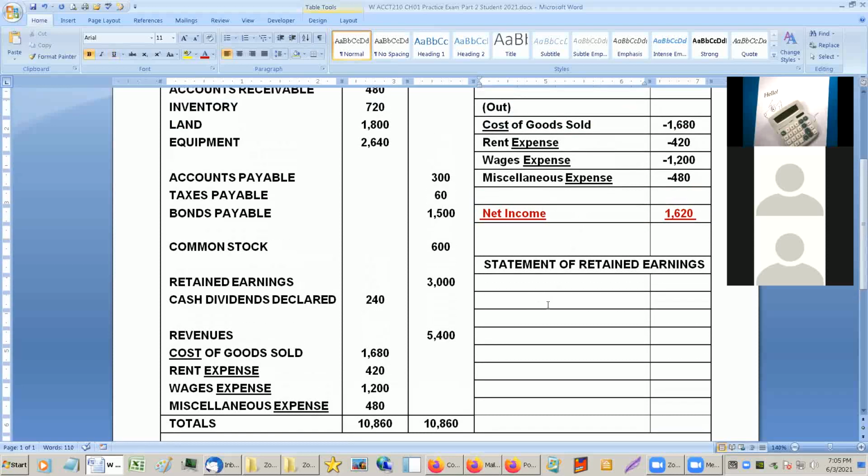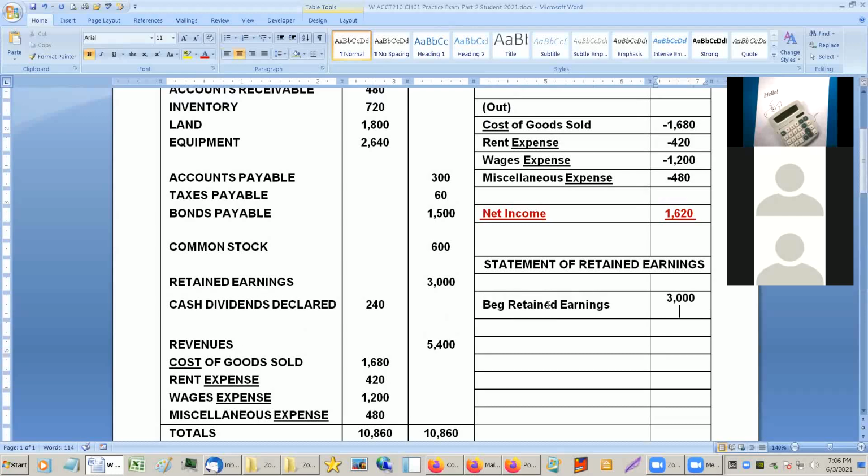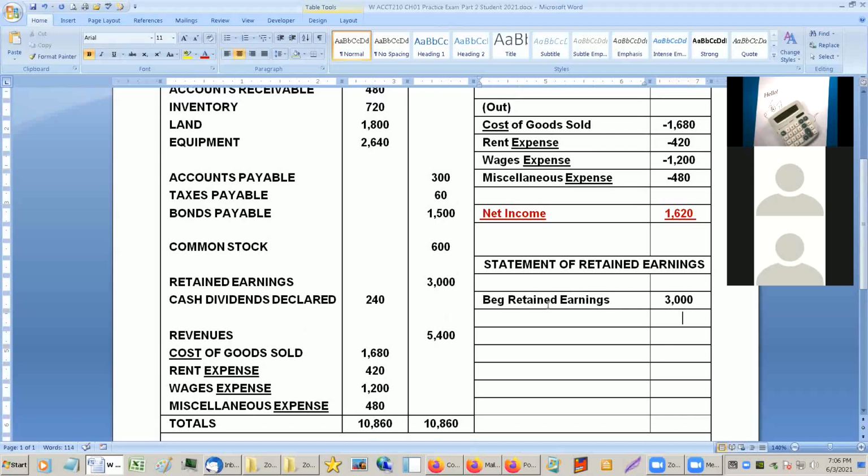Start with our beginning retained earnings. And then we put in our net income. I'm just going to be lazy and copy that.